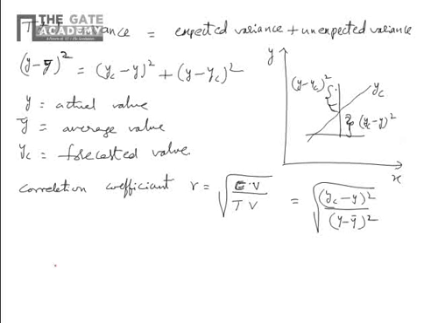There is another measure which represents the correlation line, regression; mean square error is one thing.